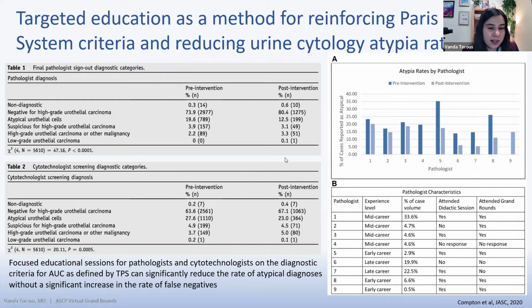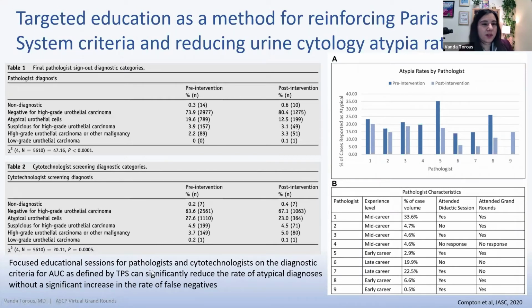And really in their practice at the time, it seemed like they had applied the Paris system criteria, but didn't see as much impact on atypia as maybe some other places. So they had continued educational feedback, educational sessions, and they found that through use of these educational sessions, they were able to significantly reduce the rate of atypical diagnoses.